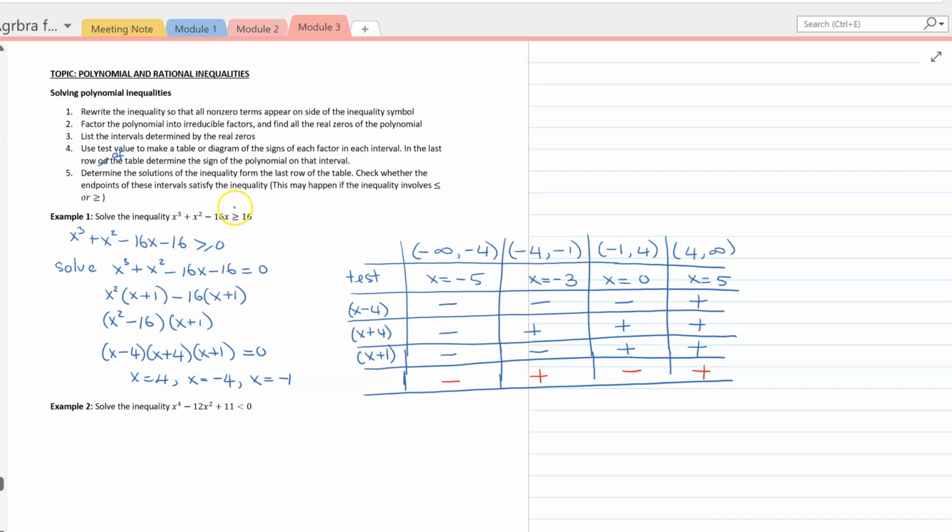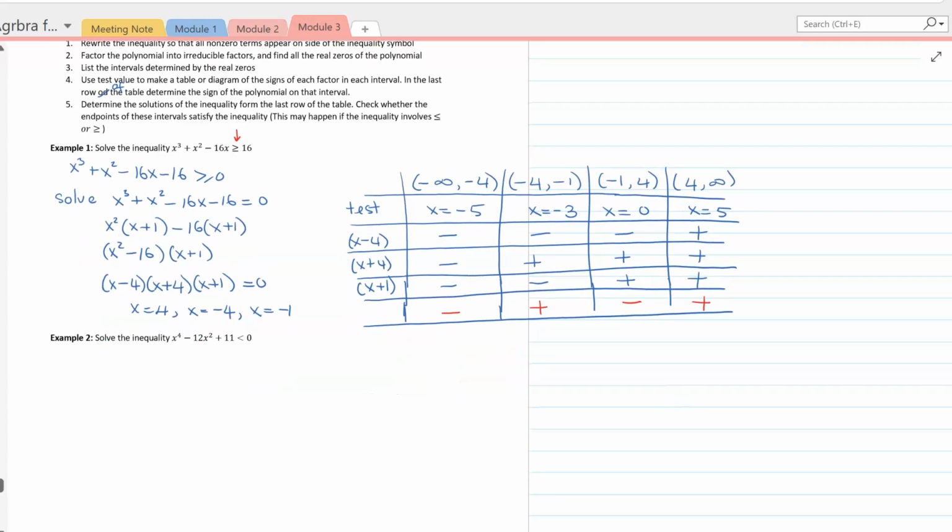And because our inequality is greater than or equal, we will include the endpoints in our solution. So the solution here is, we want the part where it is greater than or equal to 0: negative 4 to negative 1, including the endpoints, union with 4 to infinity.